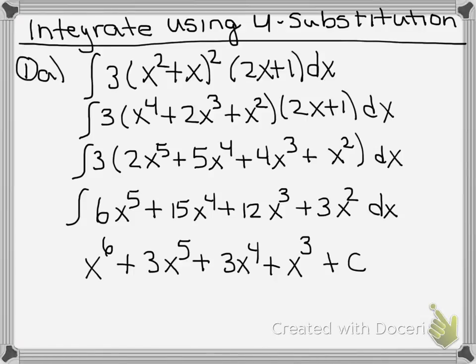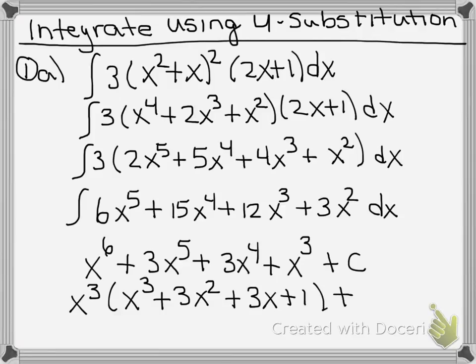And normally you would. I'm just going to manipulate this to make it a little easier when we do part B. So, taking a look here, I'm going to factor out that GCF of x to the 3rd. That gives me x cubed plus 3x squared plus 3x plus 1, leaving that constant on the outside.